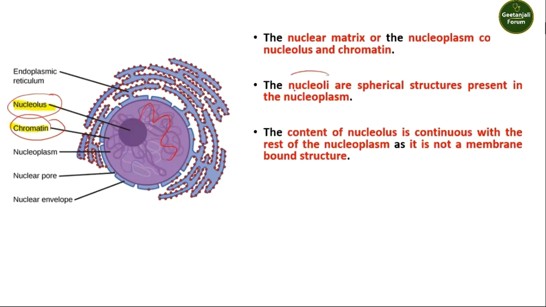The nucleoli or nucleolus are spherical structures and they are present in the nucleoplasm. This nucleolus does not possess any membrane surrounding it. That's why the content inside the nucleolus is continuous with the rest of the nucleoplasm. Means this outer nucleoplasm is continuous with material of the nucleolus because there is no membrane between them. So nucleolus is not a membrane bound structure.